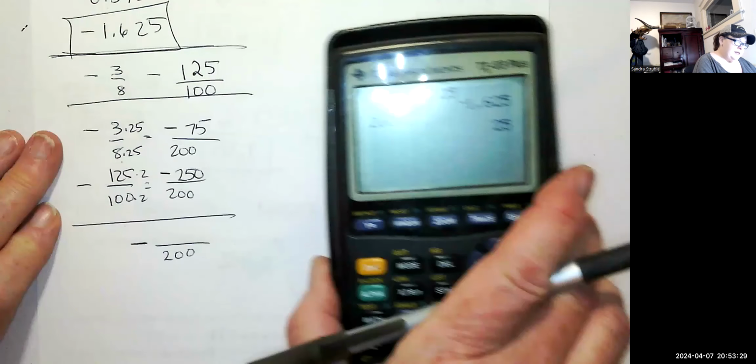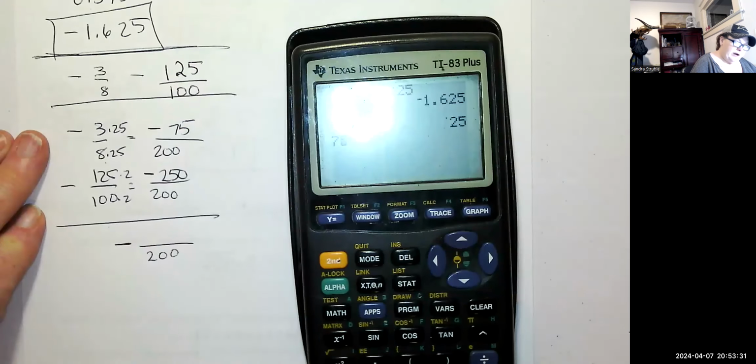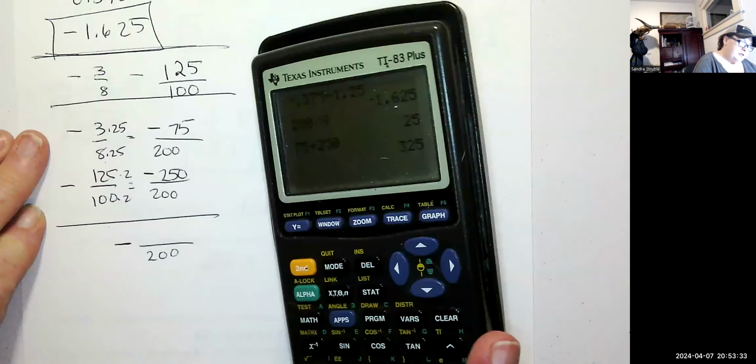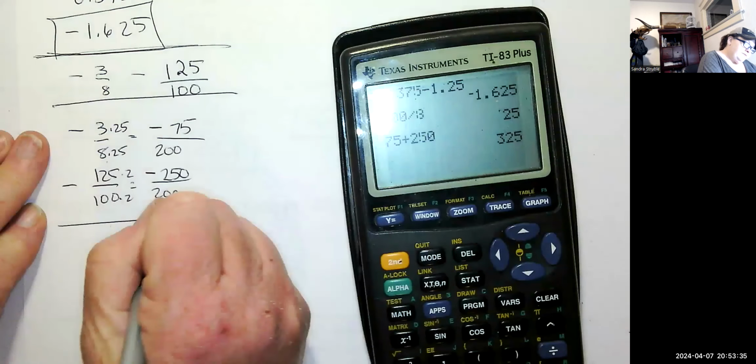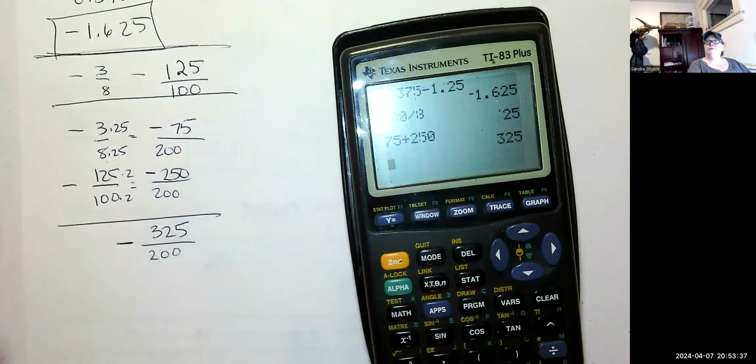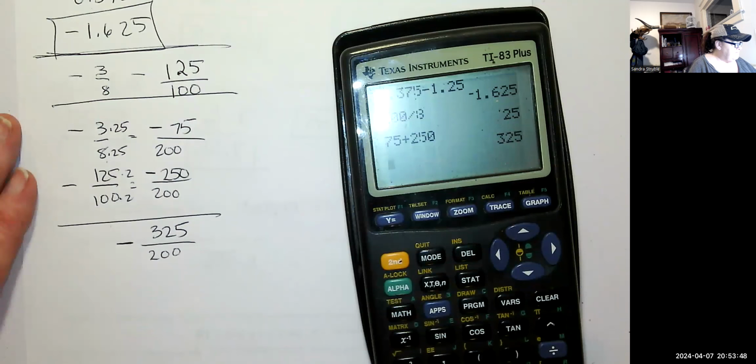All right, now because the signs are the same, we're going to add them. So 75 plus 250 is 325. Already got the negative sign, so we've covered that. How do we want to answer this? We're answering it in fraction form. Well, we'd have to reduce this.